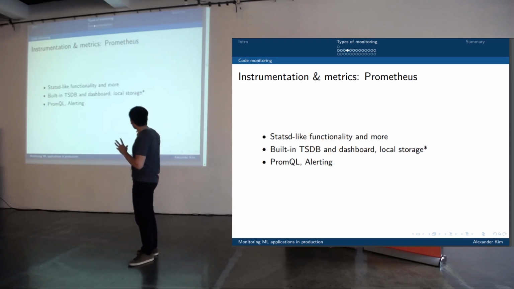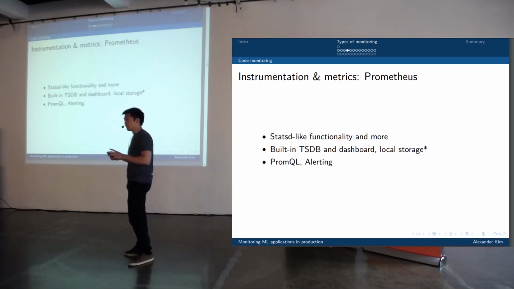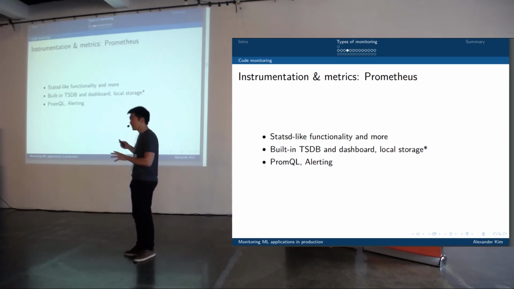Okay, now let's talk about Prometheus. It's very similar and very different from StatsD at the same time. It has similar functionality and a bit more, but it's also less lightweight, I would say, because it has a built-in time series database, it has a visualization dashboard, and it uses local storage for storing its metrics.